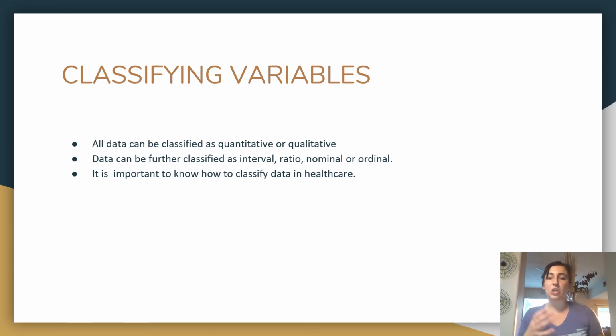Once we know what the data is going to give us, which variables are being studied in this particular research, we can figure out exactly what we want to do with it, because the type of information you're given in a study determines where you can go from there.